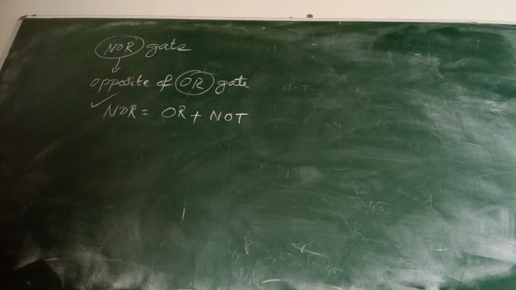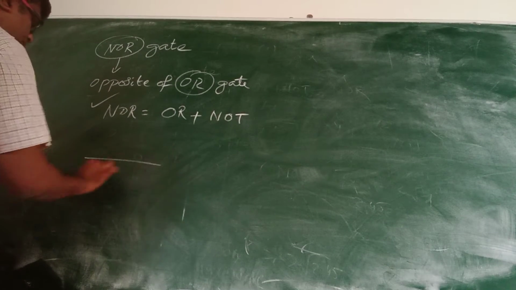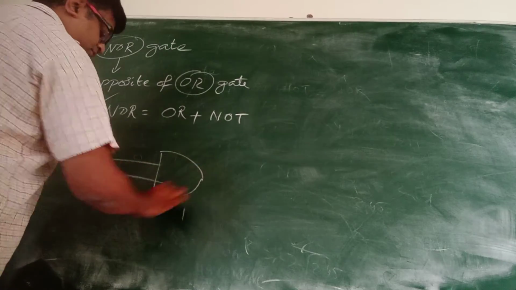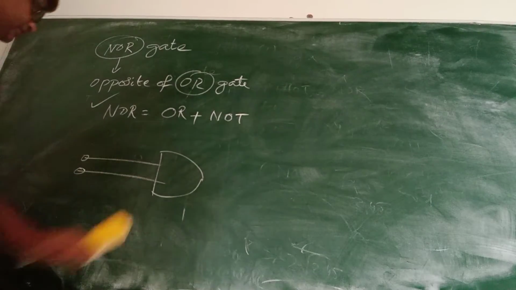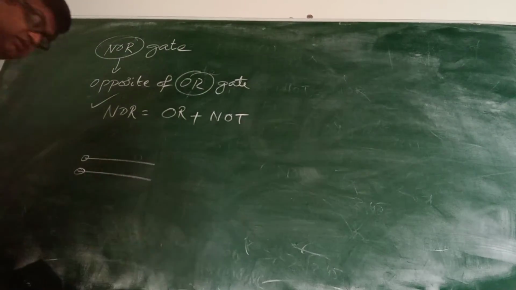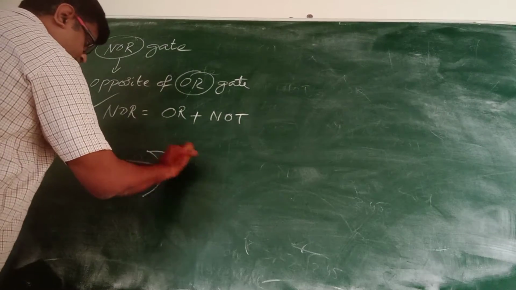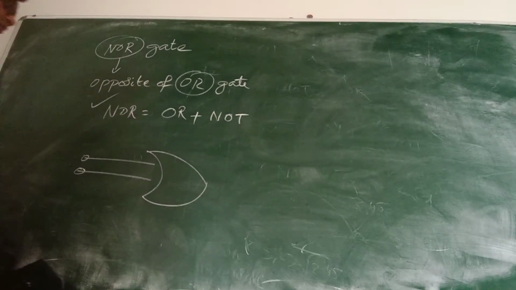Okay? So it is like this. You have two signals. This is a OR gate, no? So this line has to be little curved. Okay?